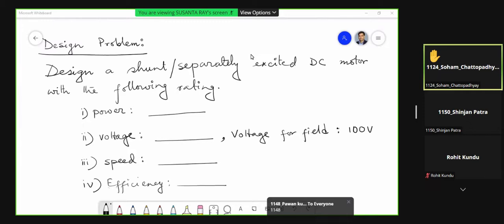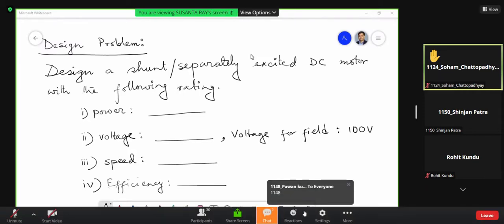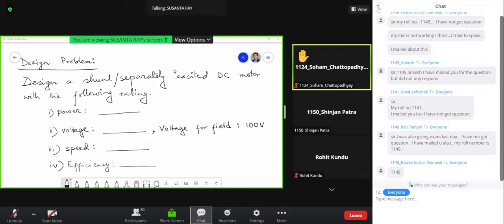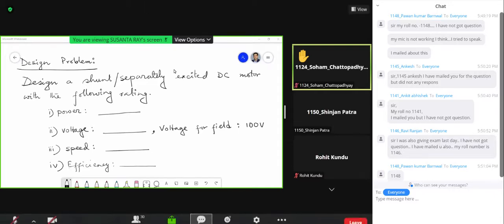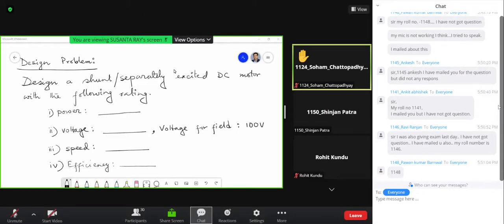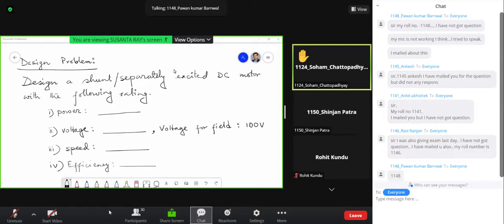So 1124. Sir, 1150. How many of you left in the last class? 1124, 1150, 1124, 1145. Yes, sir. 1124 Shom Chattopadhyay. Sir, 1148. Sir, 1146. 1148.